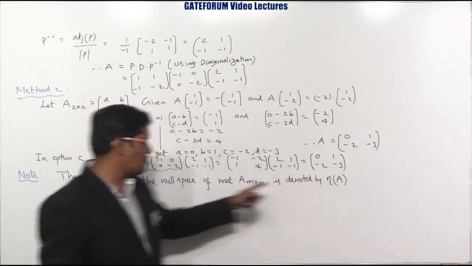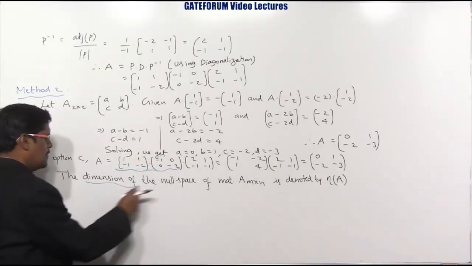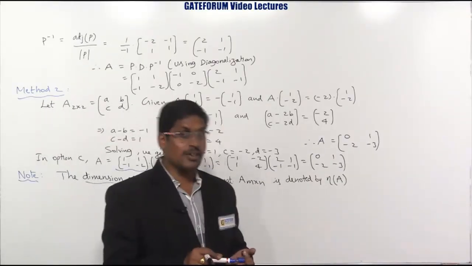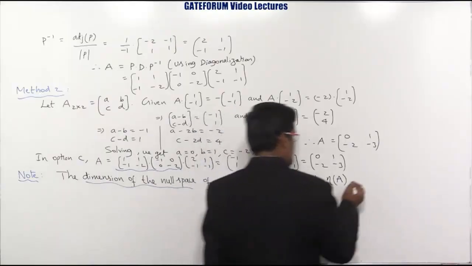Eta is also a Greek letter which stands for dimension of the null space. Dimension of the range space is also called rank of a matrix A.